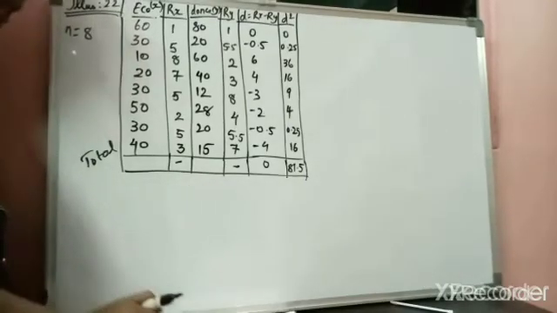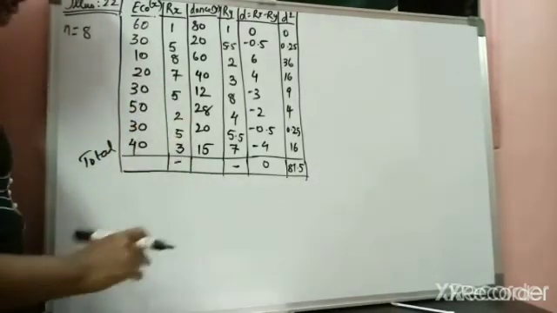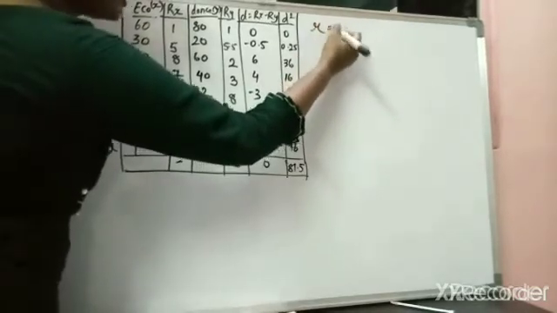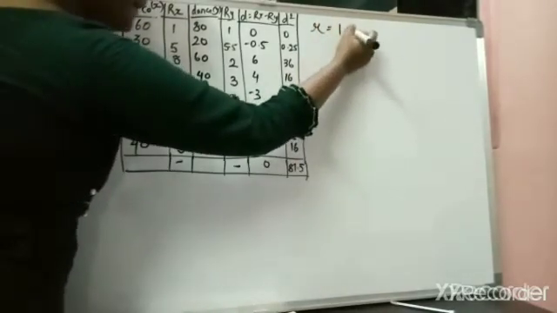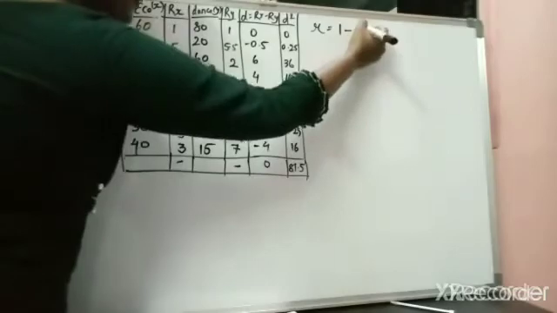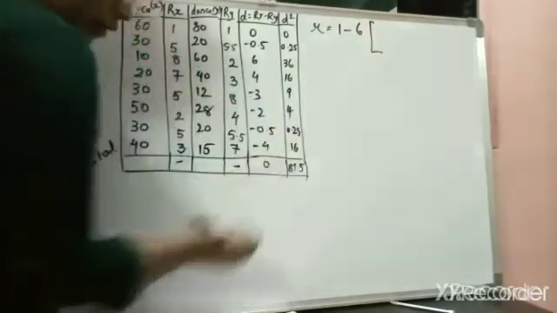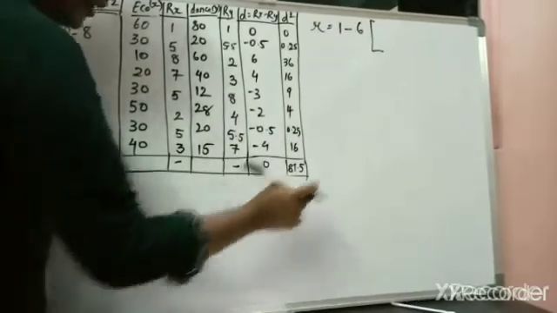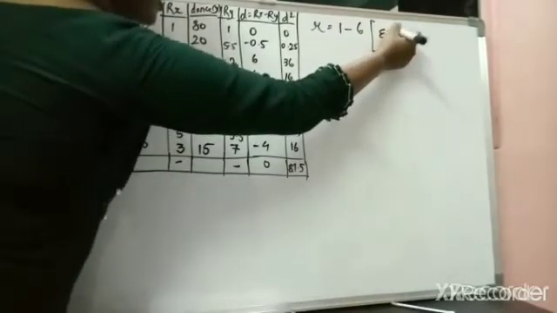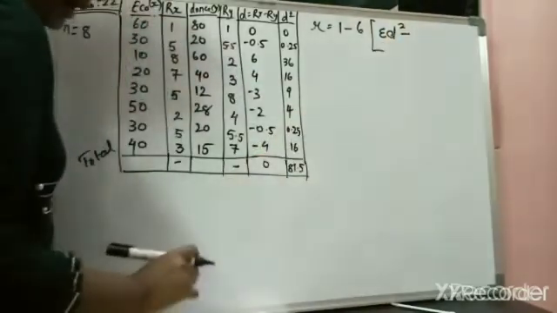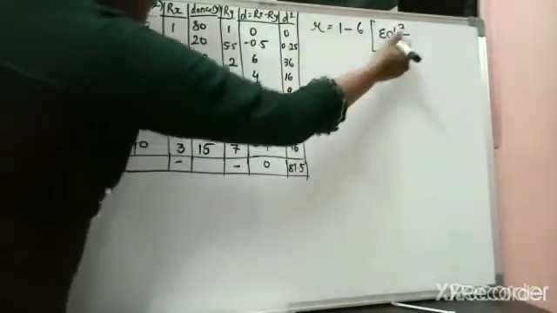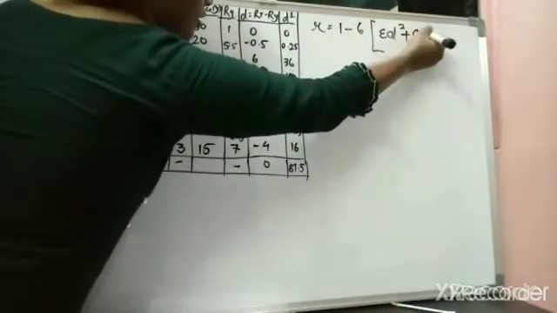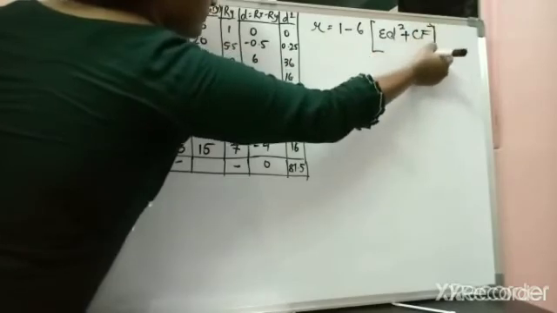Now, I hope the formula is remembered by you. So, what is the formula? According to the Spearman's rank correlation, R is equal to 1 minus 6, then bracket open, then you have to write sigma d square, that is 81.5. Then you have to add CF, that is correlation factor.